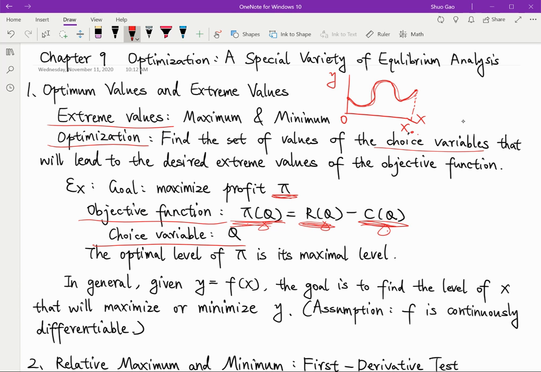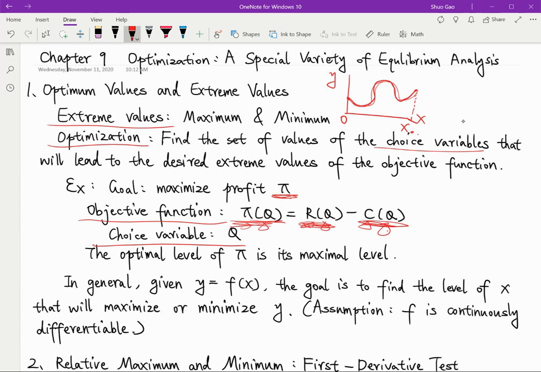If we determine what Q is, we can determine the level of pi, r, and c, because all of them are related to Q. So Q determines pi, r, and c. This is called the choice variable. When we choose the variable Q, we then choose the r value and c value, and finally the pi value.